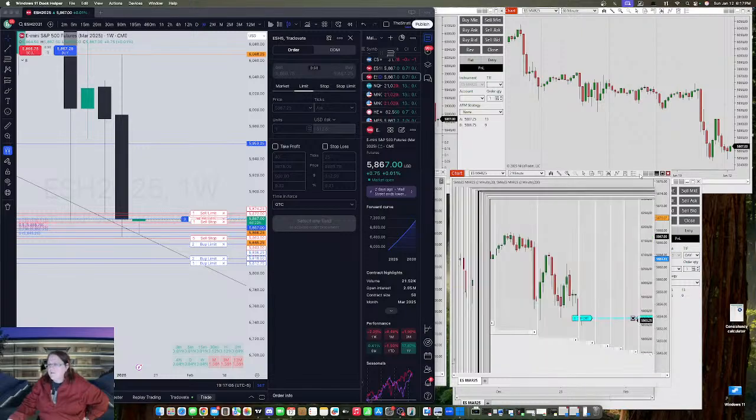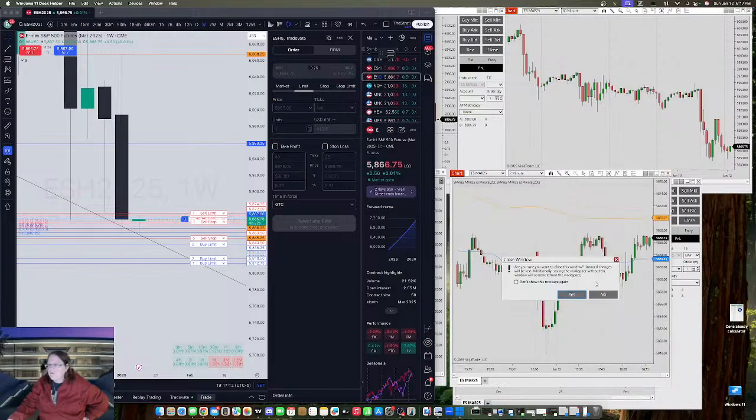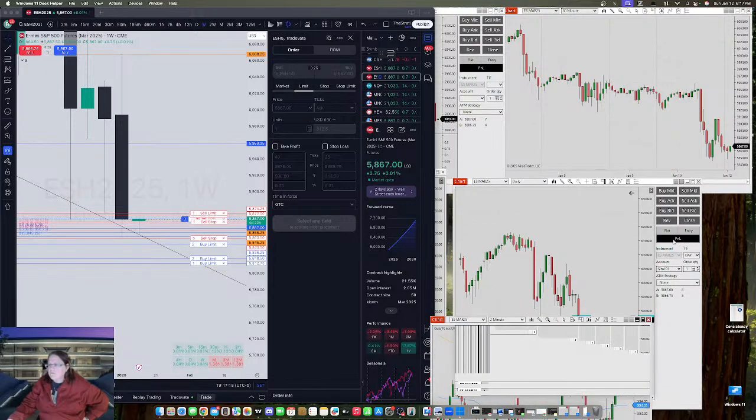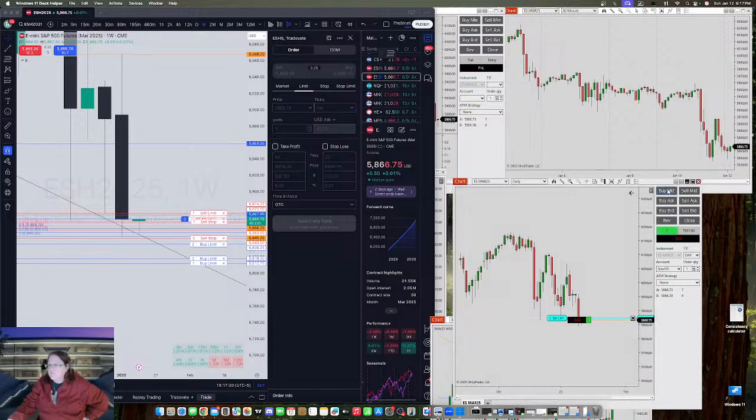This is the second or third time they've touched this area, so it's very possible. What the heck is all that going on? Order filled. Order filled. Order filled.